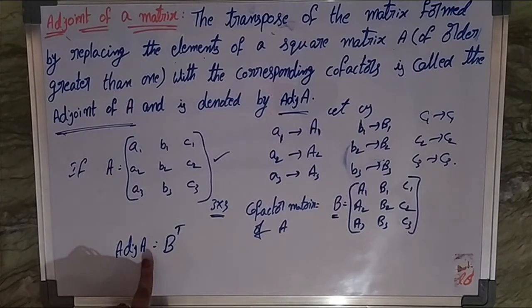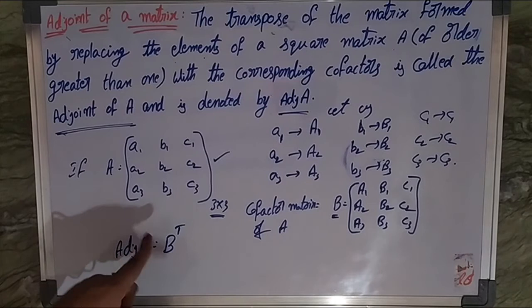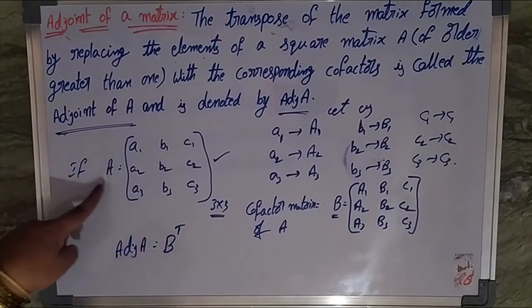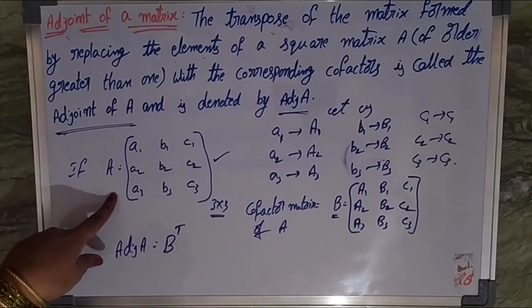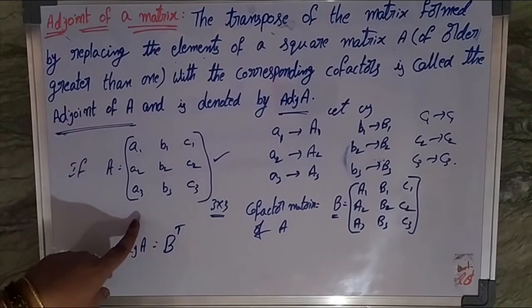For finding the adjoint of a given matrix, first we have to check whether the given matrix is a square matrix of order greater than 1.